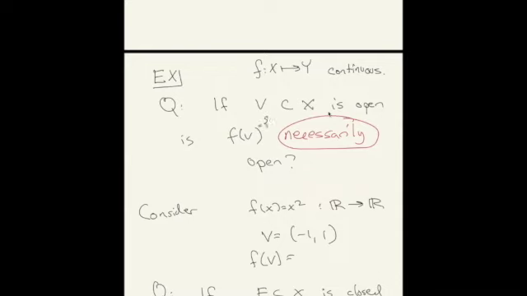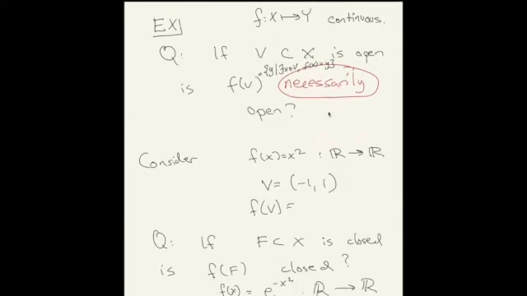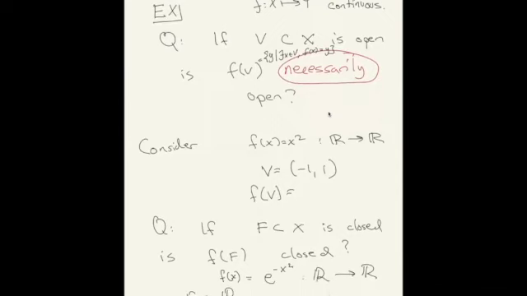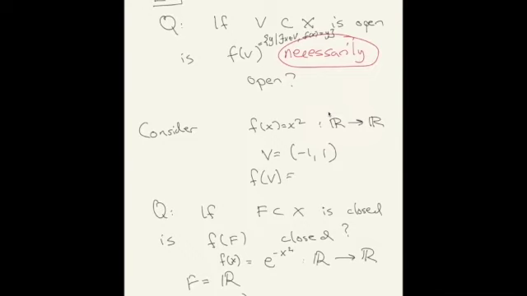So this is all the Y's such that there exists an X in V such that f of X is equal to Y. Well, it turns out that the answer to this is no. It seems plausible, but be careful.